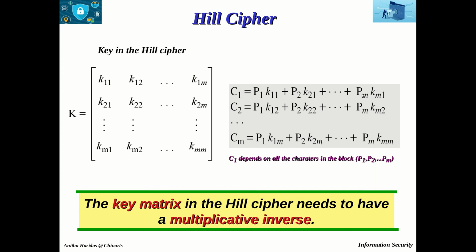Each plain text character will be multiplied with the key value for producing C1. So the first block of P is used to produce the first character of ciphertext.